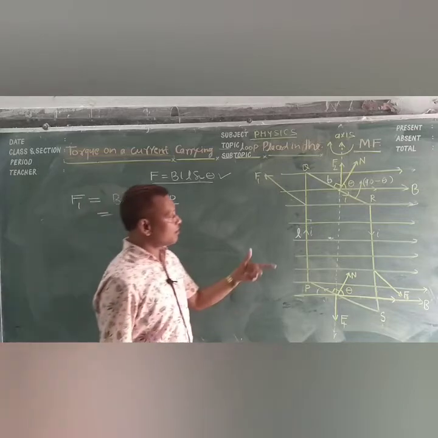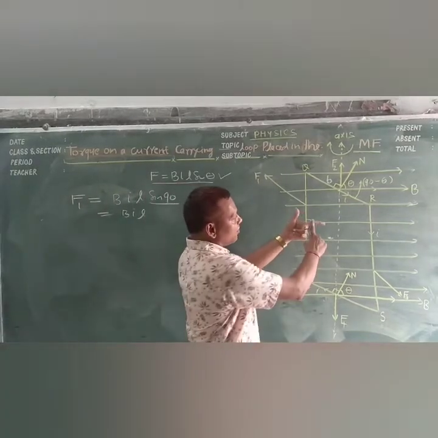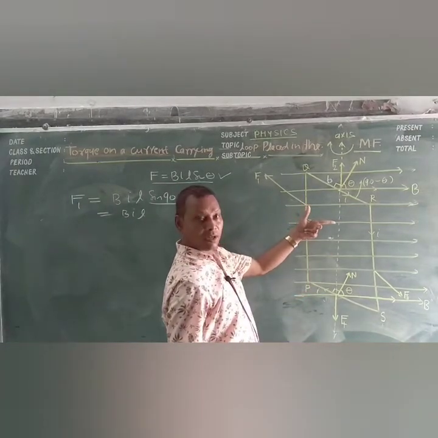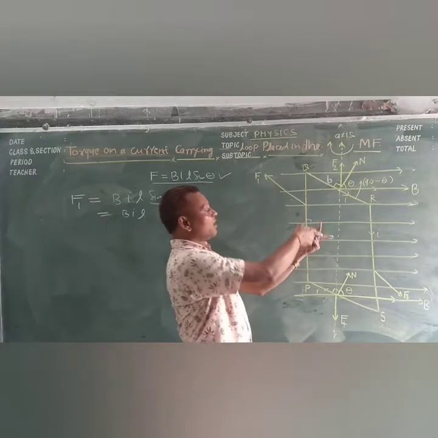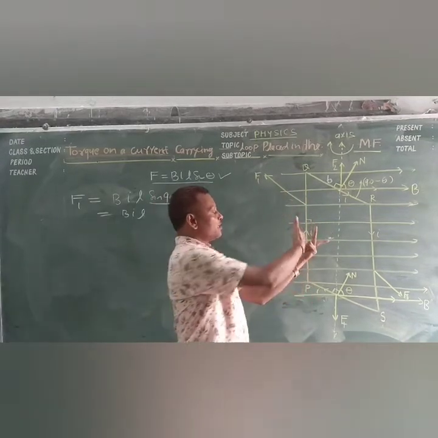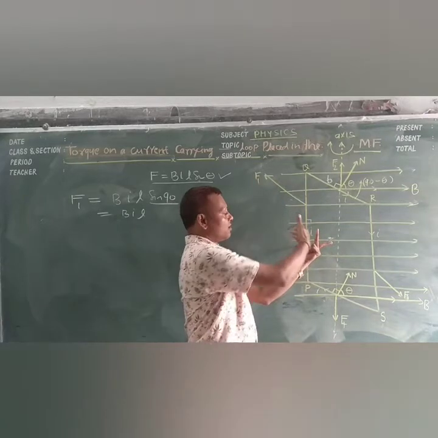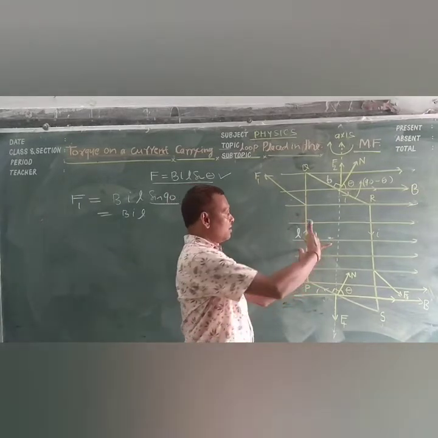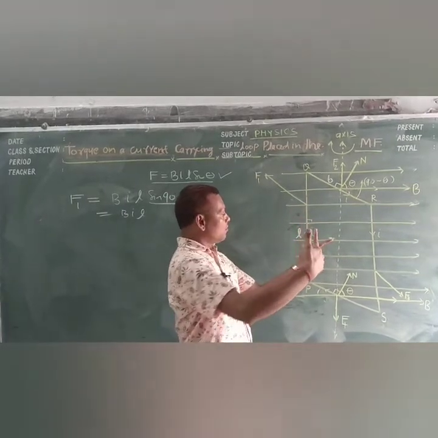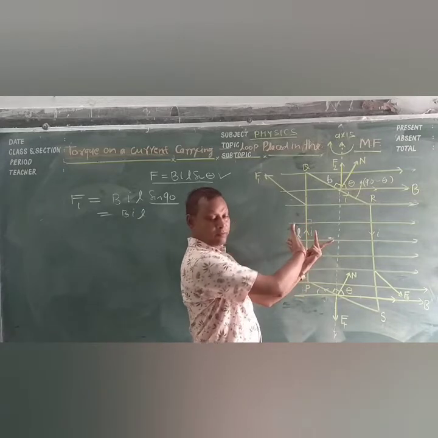So by using this rule, we determine the direction of force F1. Magnetic field is horizontal and current is vertical. So the direction of the force is this side. It is perpendicular to the blackboard in the inward direction.